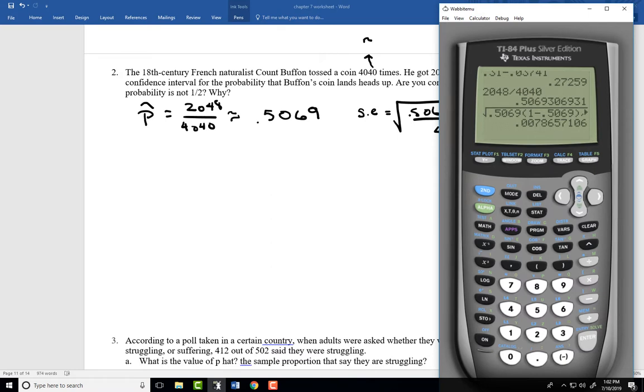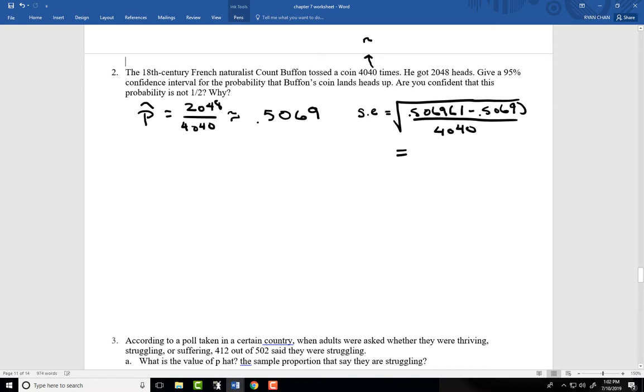So I get 0.0079, going out to 4 places. Let's look at this right here.